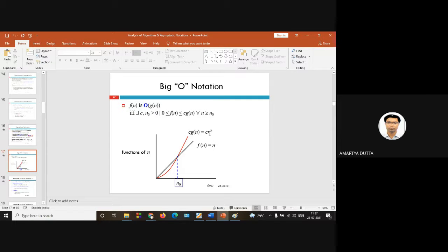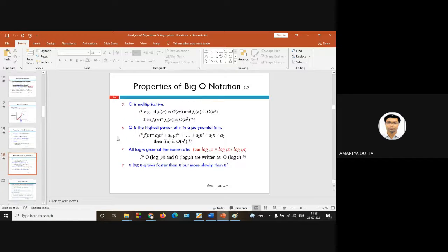Fn is linear and Gn is quadratic. So by definition, big O means there exist some constants c and n0 greater than 0, such that Fn, which is greater than or equal to 0, is less than or equal to some constant c times Gn for all n greater than or equal to n0. So in this case, we can say that Fn is big O of Gn. Gn is the faster growing term.